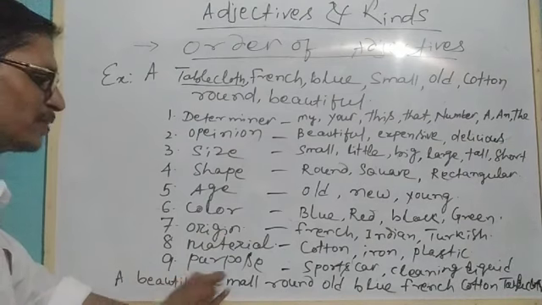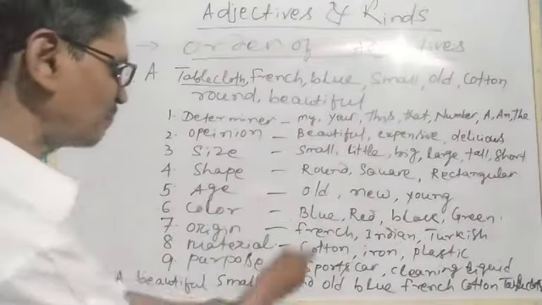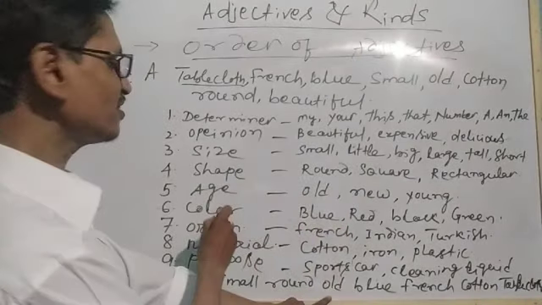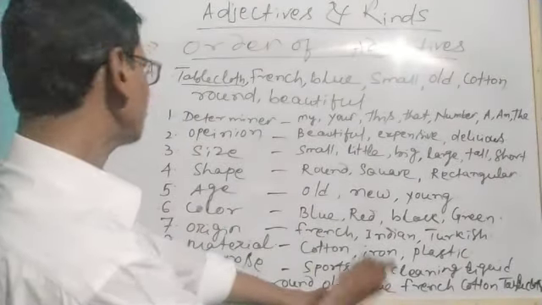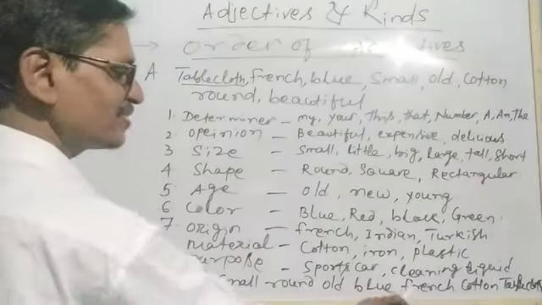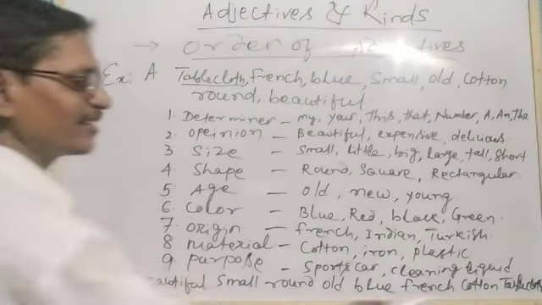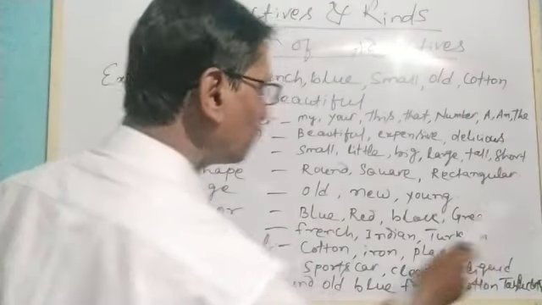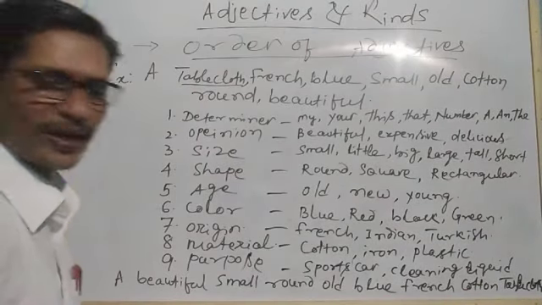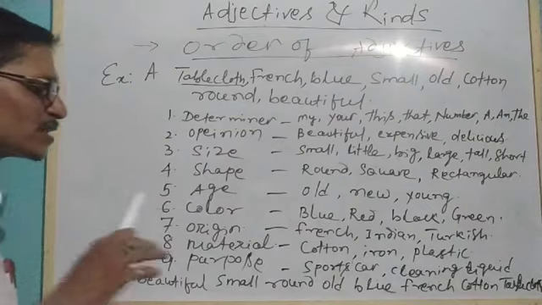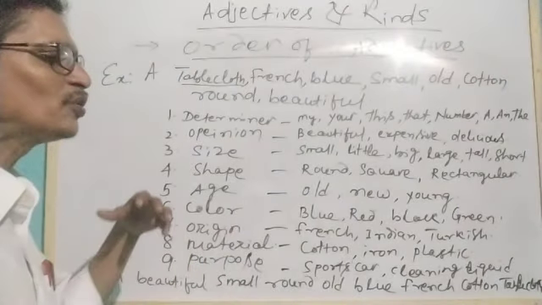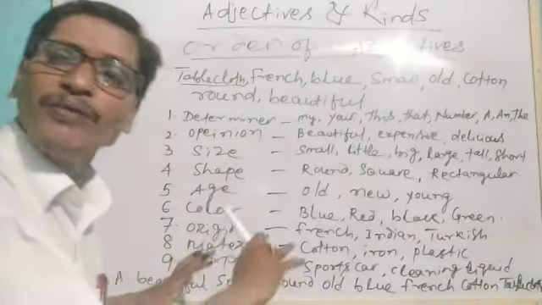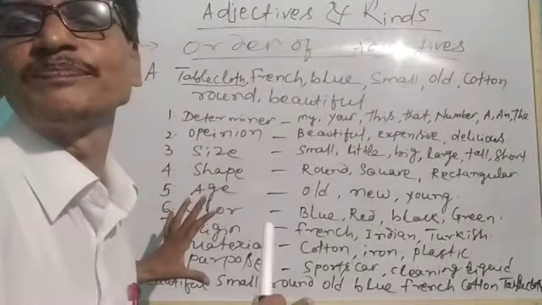Then shape: round. Then age: old. Then color: blue. Then origin: French. Then material: cotton. Then the purpose: tablecloth. So, a beautiful small round old blue French cotton tablecloth. This is how the order of adjectives works.